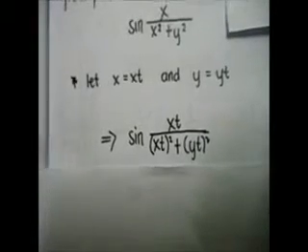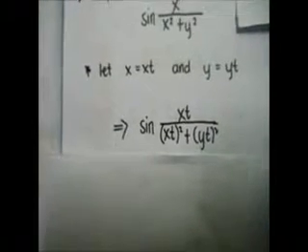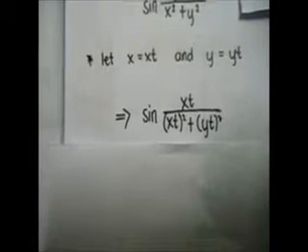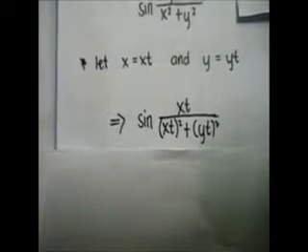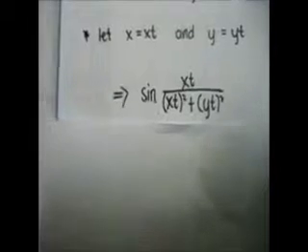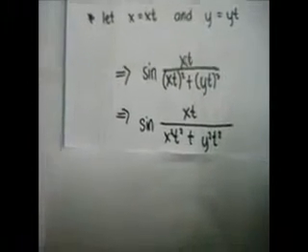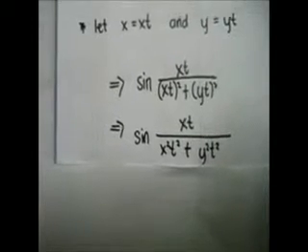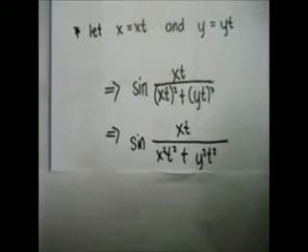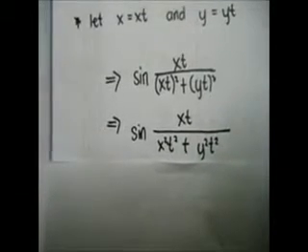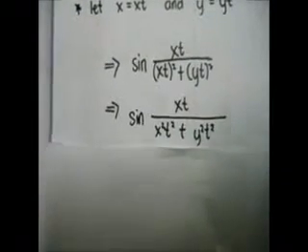sine xt over xt squared plus yt squared. So we squared all that was inside the parenthesis. We have sine xt all over x squared t squared plus y squared t squared. So we simplify it.